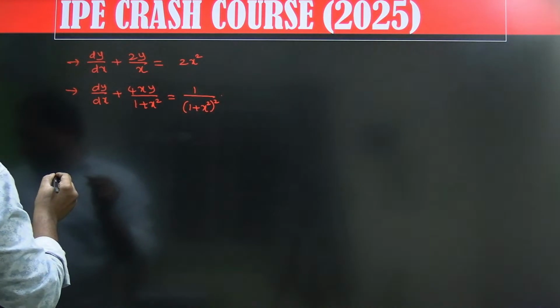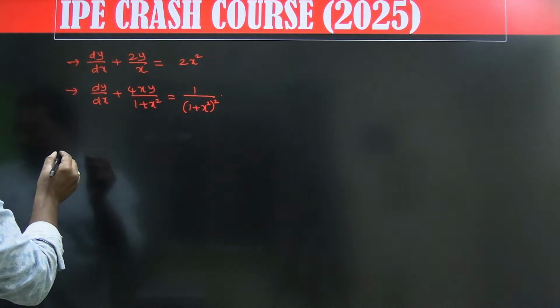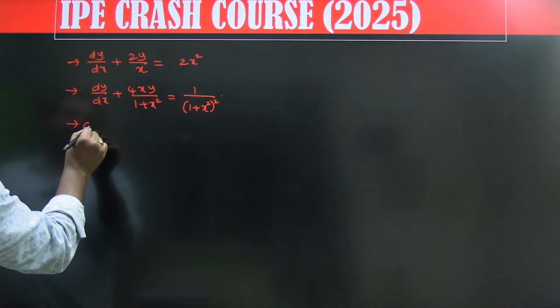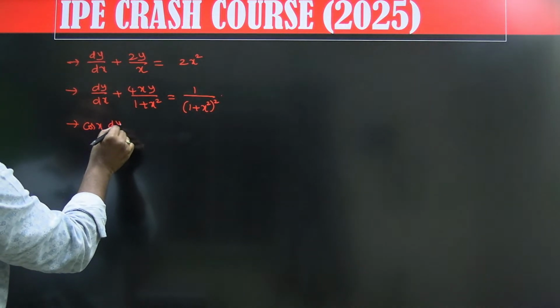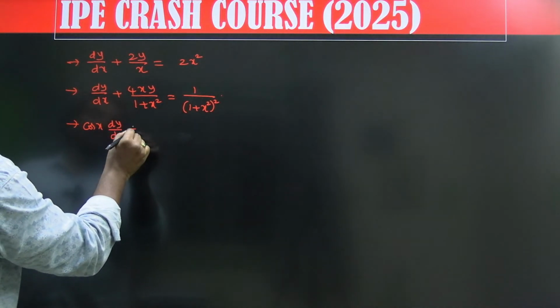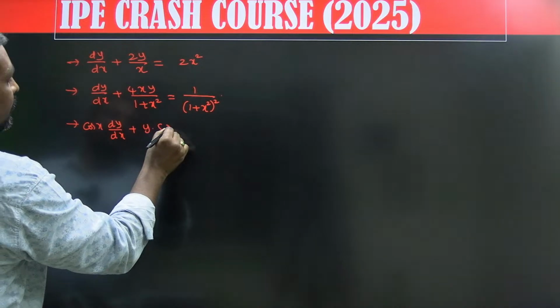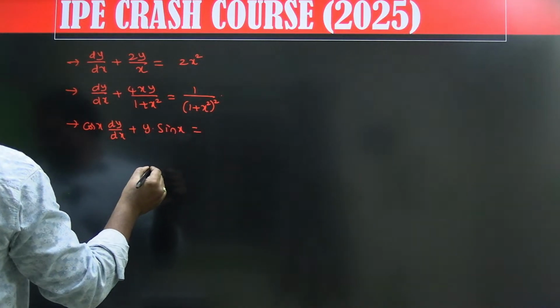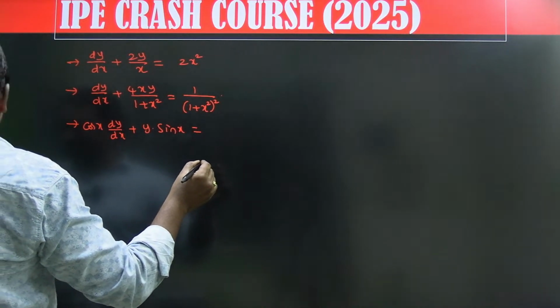Similar problems. cos x into dy by dx plus y into sin x is equals to secant square x.